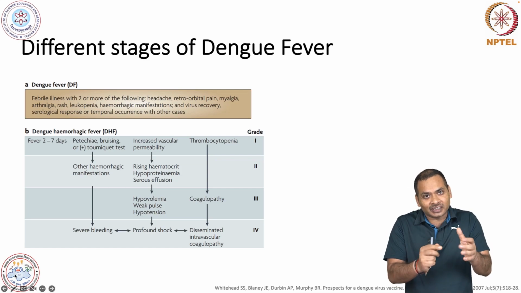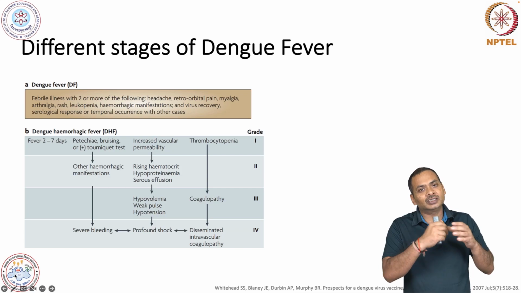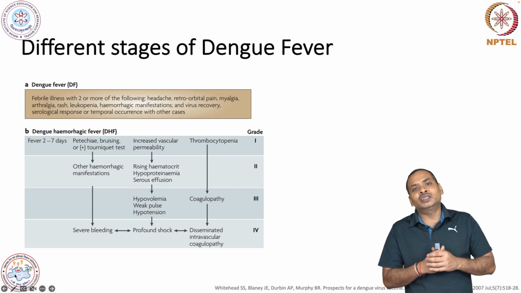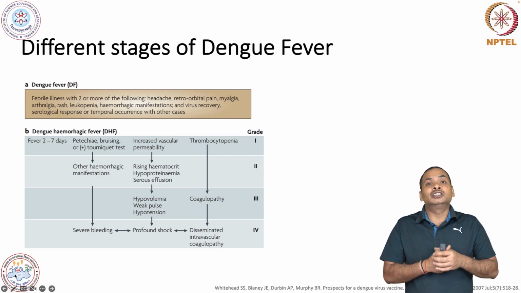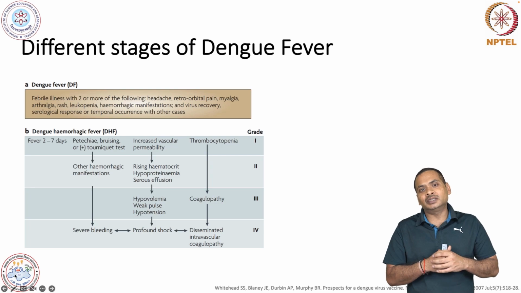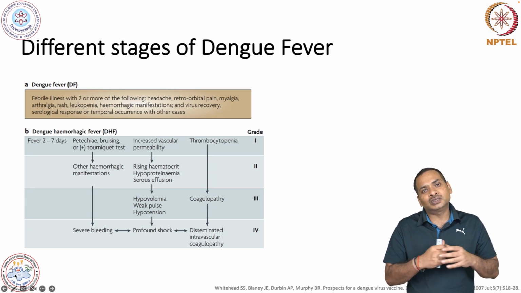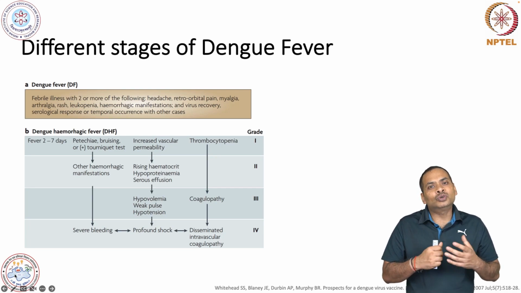You can understand these capillaries are quite fragile when there is a dengue virus infection, because the virus infects the endothelium of the blood vessels. If it is severely damaged, then these capillaries or blood vessels will be more fragile.